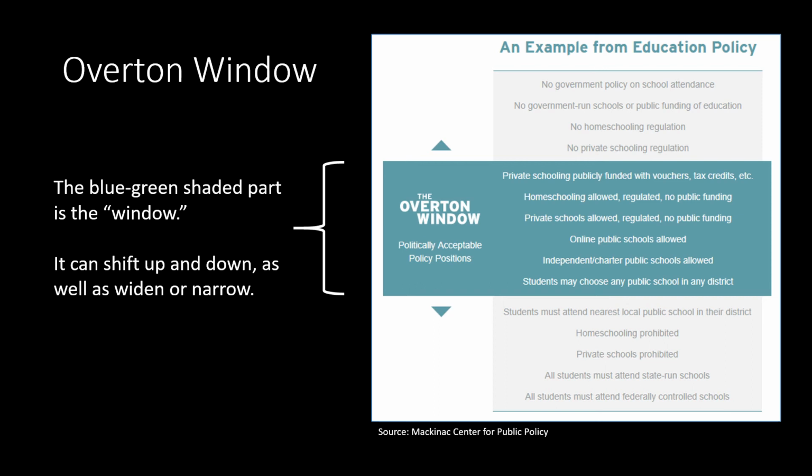Or sometimes the window is very narrow, and only two different things are being talked about right now as options, and you want to widen it. You don't necessarily need to shift the whole window, but you do need to bring in some other policy options to widen this. So the window does not have a fixed location or a fixed size.